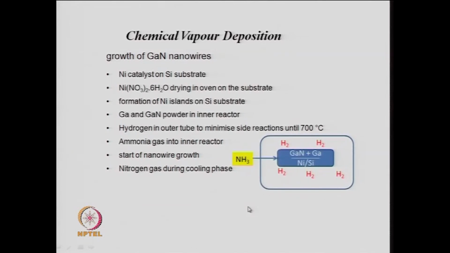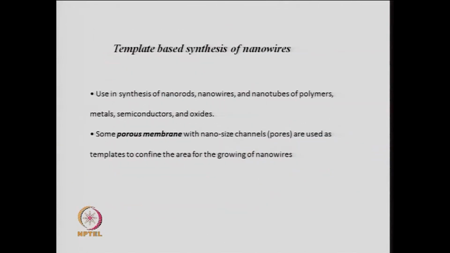Once the nanowires have grown, you flush this with nitrogen and you cool the furnace, and then you take out your nanowires which grew in the inner chamber of this double chamber vessel inside a furnace. So, that is how using the CVD technique you can grow gallium nitride nanowires.